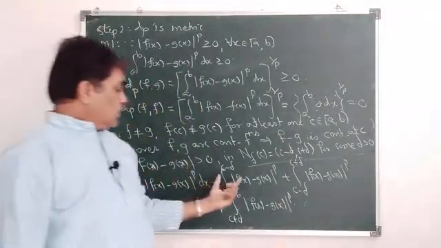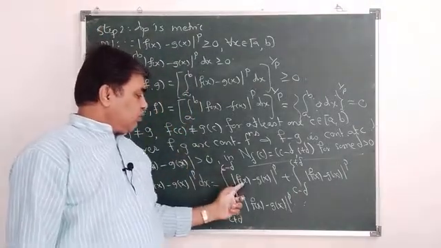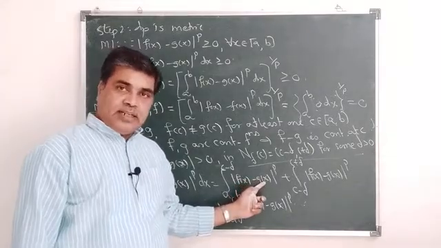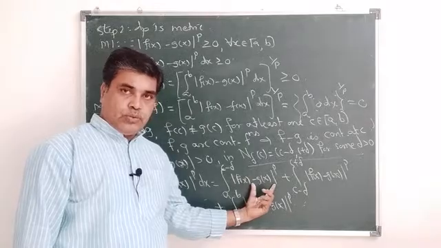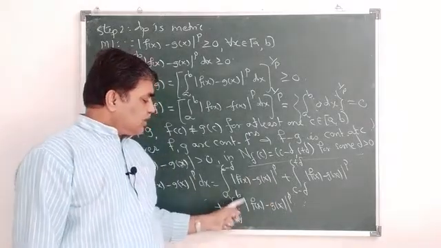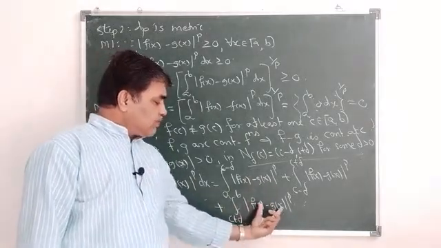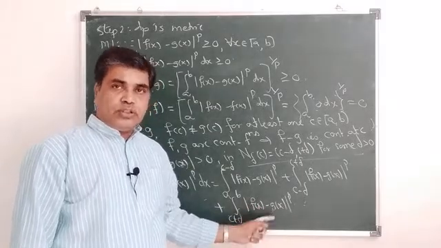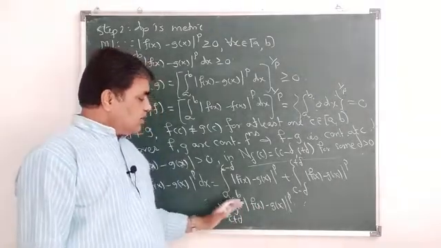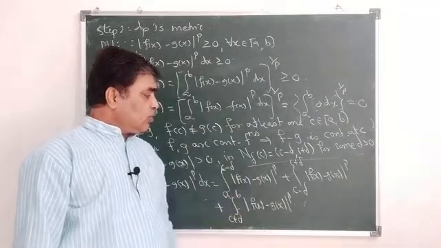Now, over a to c minus delta, mod f(x) minus g(x) is a non-negative valued function, so its integral is greater or equal to 0. Again on c plus delta to b, this is continuous and greater or equal to 0. Therefore, its integral value is also greater or equal to 0.